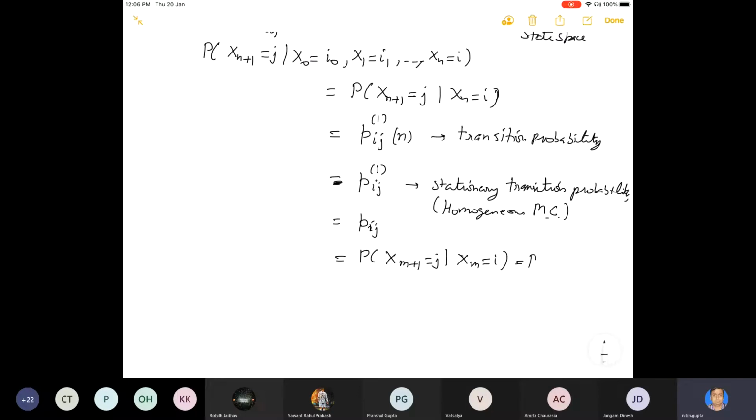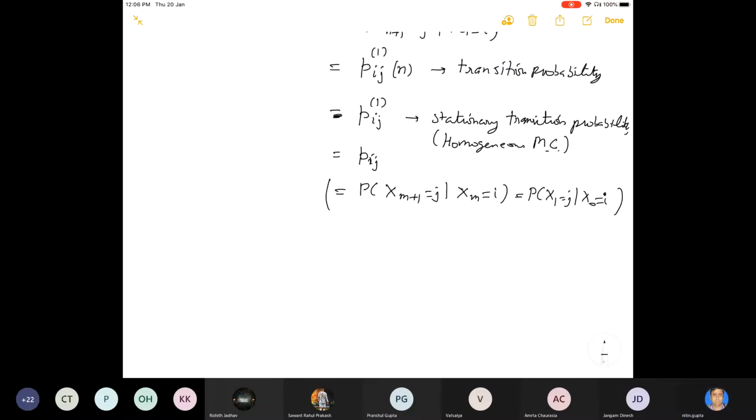This is the same as the probability that X1 is equal to j given X0 is equal to i, because it is a stationary transition probability. So from now on, we will assume that if a discrete time Markov chain is given, then it has stationary transition probability and is a homogeneous Markov chain, otherwise it is specified.